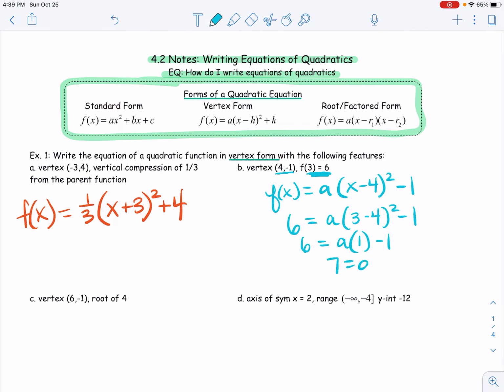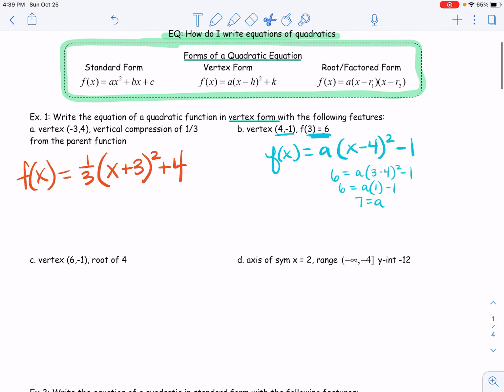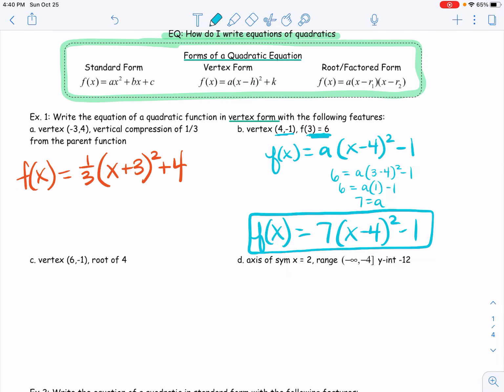So that means 7 equals a. If I use that value of a and my values of h and k, then my function is going to be f of x equals 7 times x minus 4 squared minus 1. And that is my quadratic equation in vertex form.